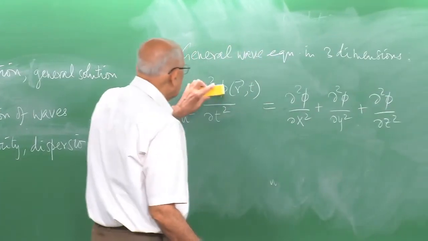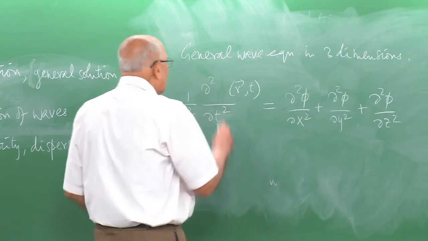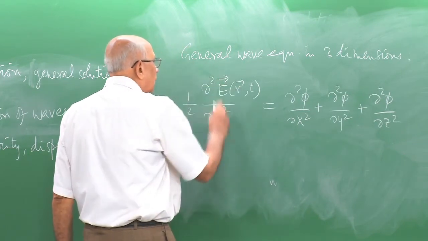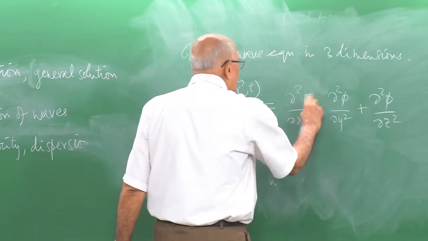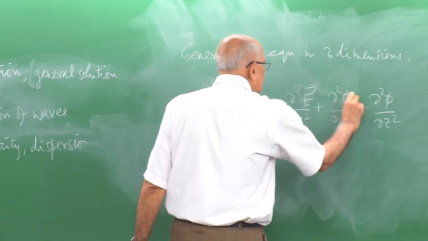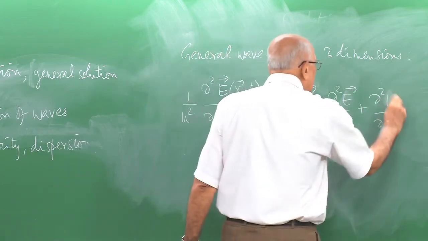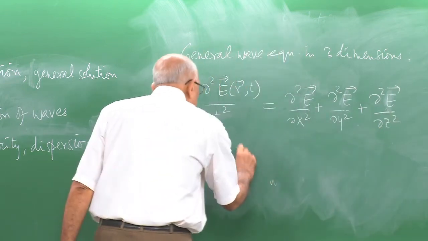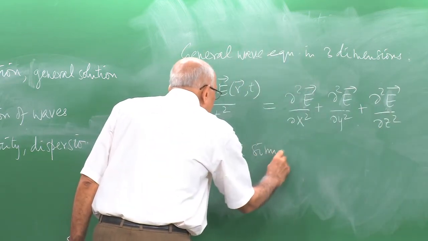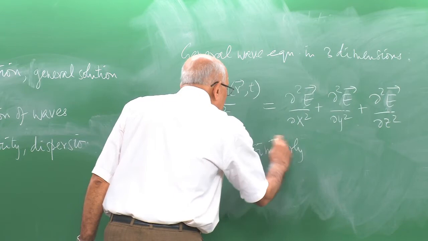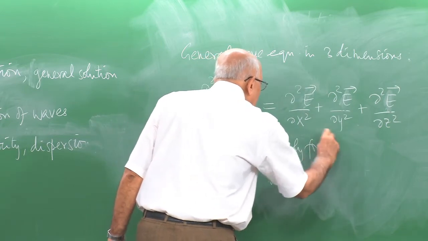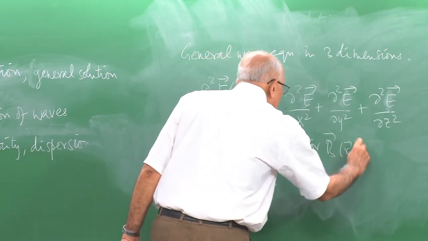The equation is exactly the same thing, except that this becomes a vector, the electric field vector E of r and t, and similarly for the magnetic field B of r and t.